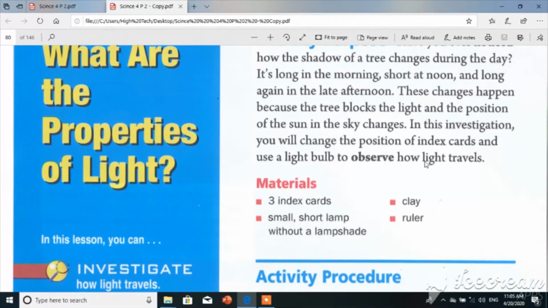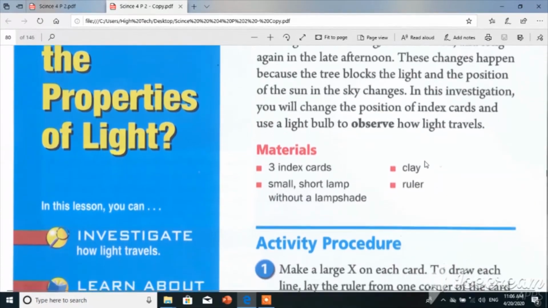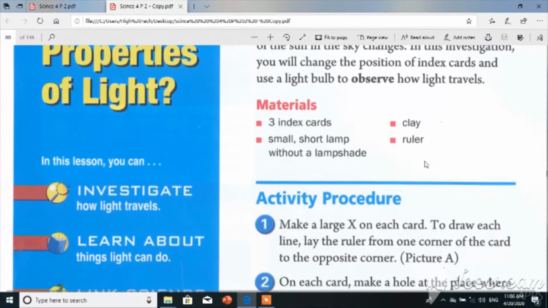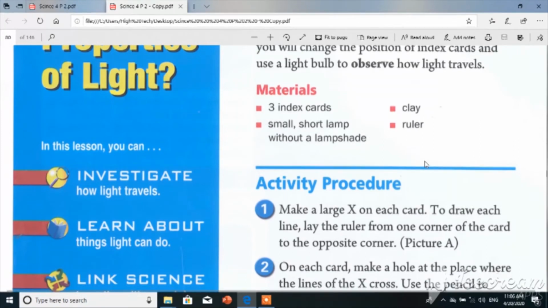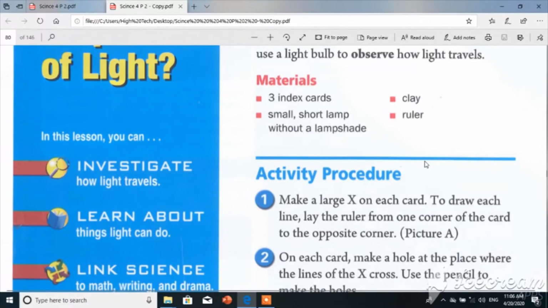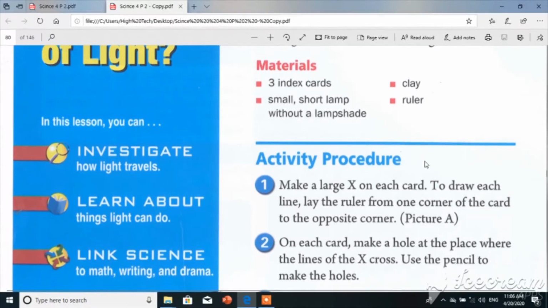What materials are needed for this investigation? Three index cards, a small short lamp without a lampshade, clay, and a ruler. Make a large X on each card. Lay the ruler from one corner of the card to the opposite corner.